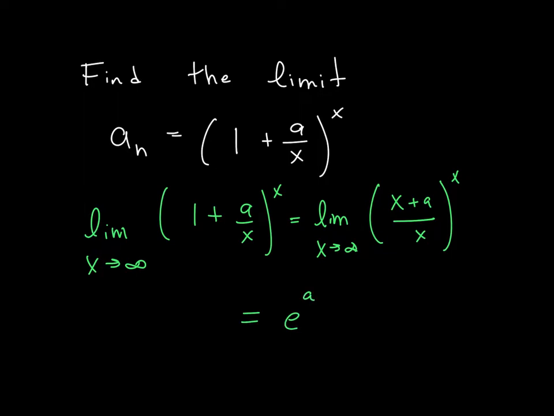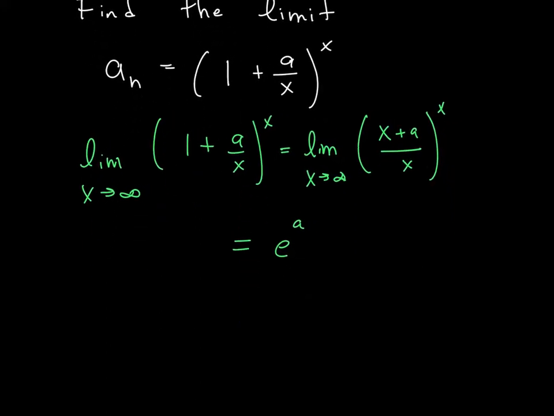Now I have that proof in some other videos, but right now we're just going to use it. So, for example, let's look at what the limit would be of a_n when it is equal to (1 plus 2 over n) raised to the n.